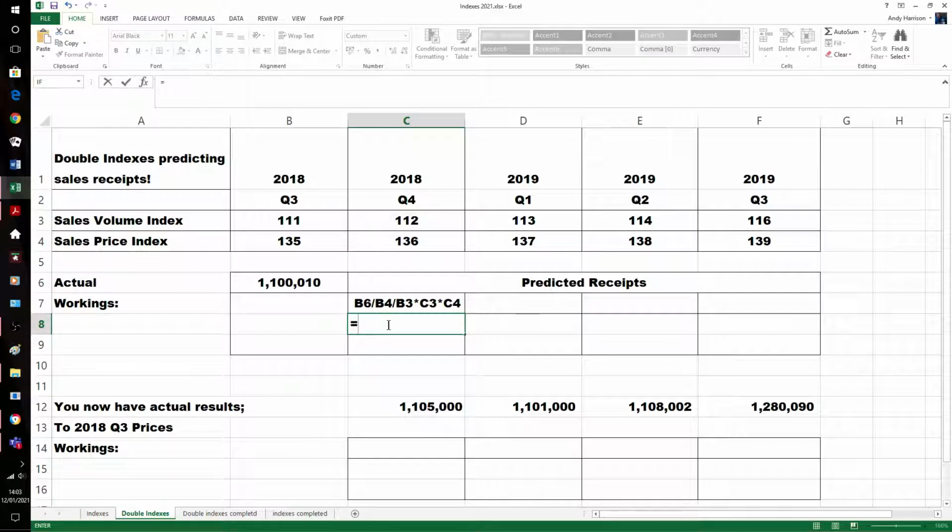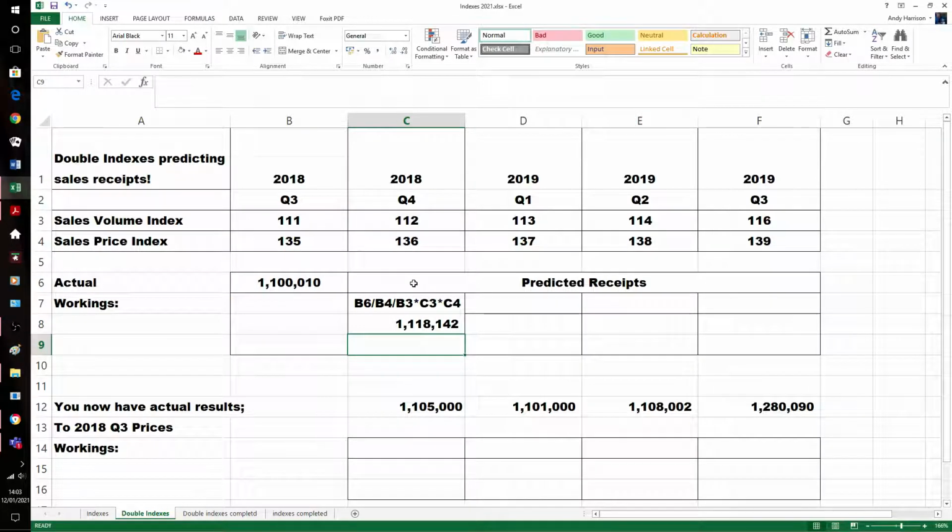So let's put the formula in properly. So if that was our revenue receipts in that quarter, this is what our receipts should be for that quarter.